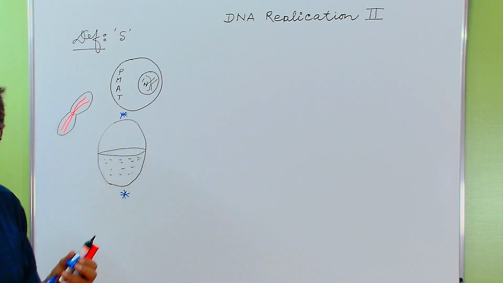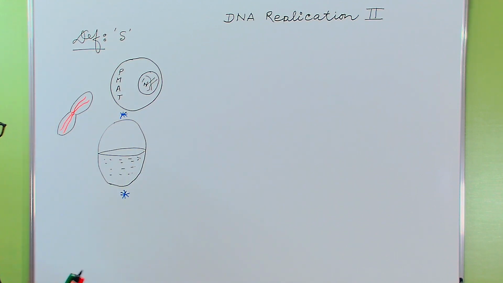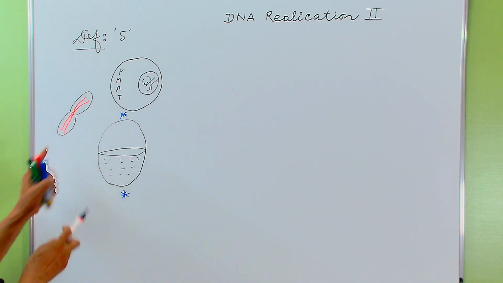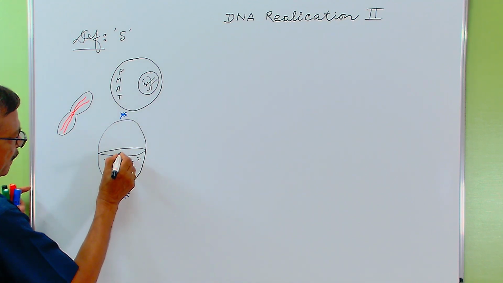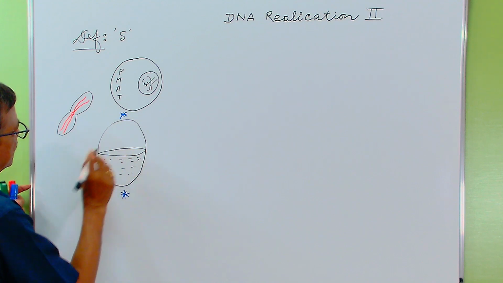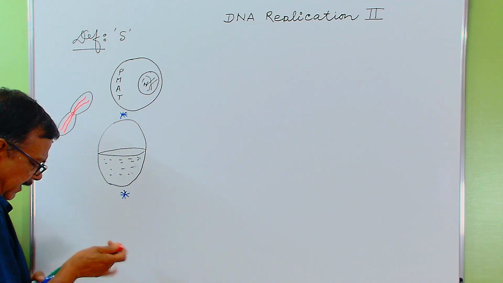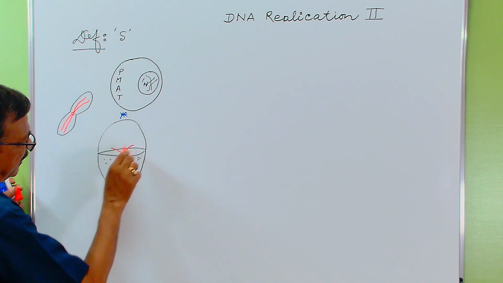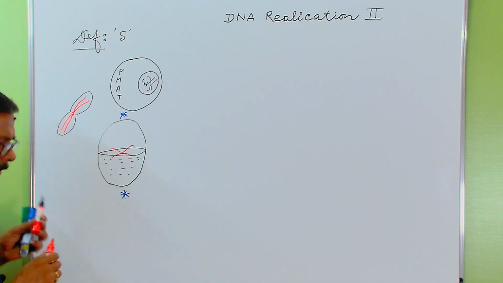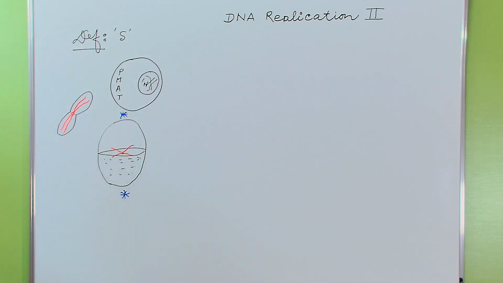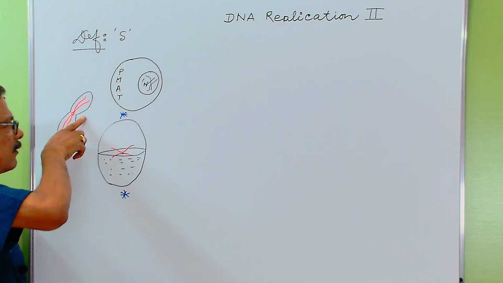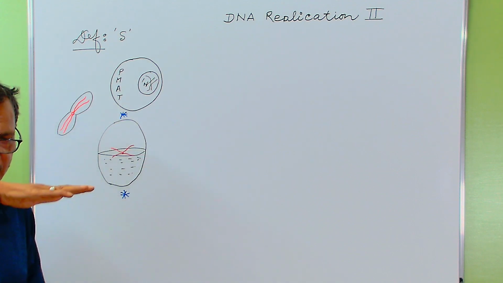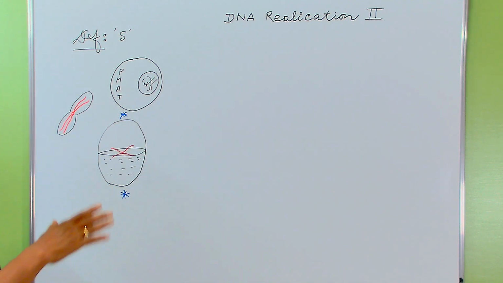They form the spindle fibers, and in metaphase the chromosomes come to the middle, each having two chromatids, one chromatid this way and one that way, with the centromere between. The chromosomes line up like a metaphase plate.